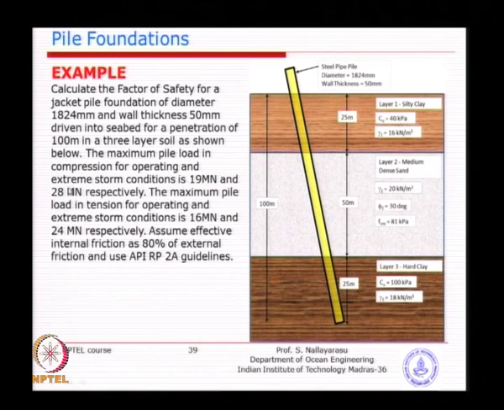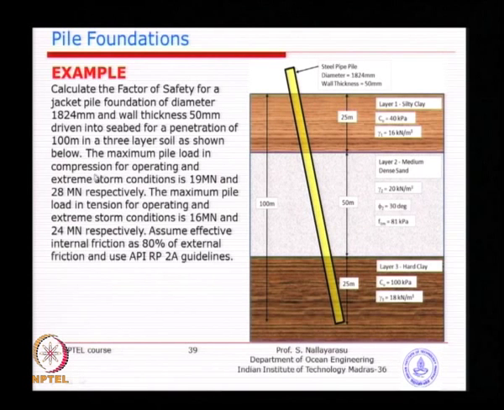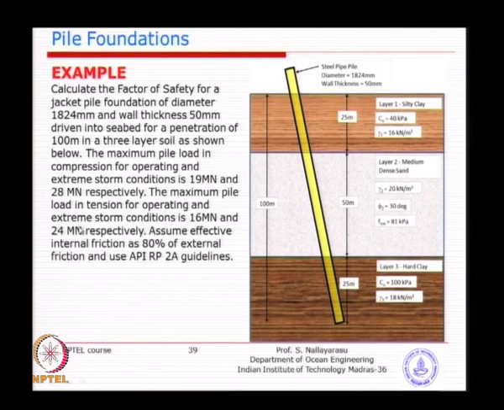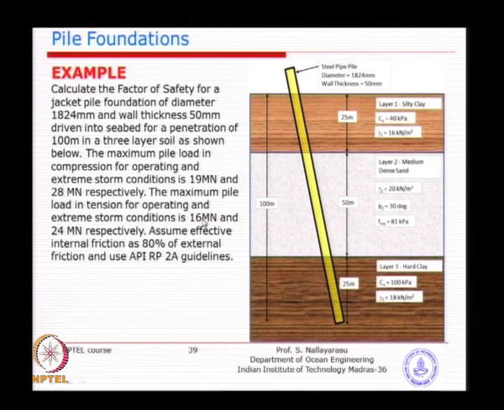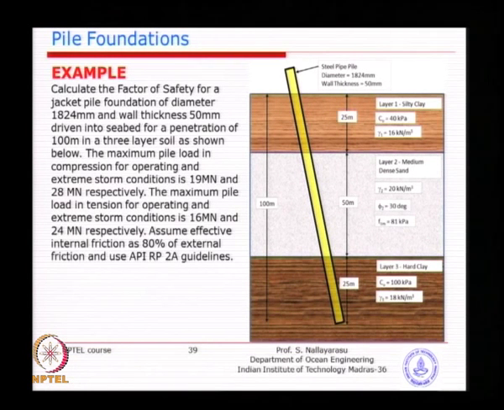So, you should evaluate what the factor of safety is, you should remember and then find out. Similarly, for tension 16 meganewton and 24 meganewton. So, the required tension capacity is 32 based on 16 meganewton operating, and for 24 you will add 12 to get 36. So, you see here 42 meganewton compression is required and 36 meganewton tension is required.